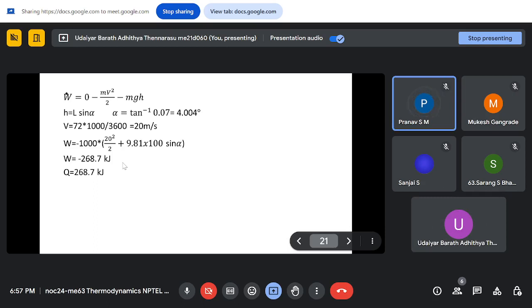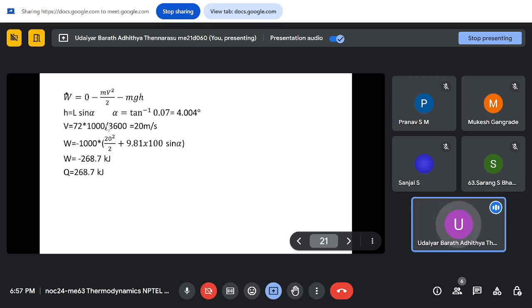Sorry, it's not clear. Can you repeat again? How did we get the velocity as 72 into 1000 by 3600? So this is 72 kilometers per hour, and you're converting kilometers to meters per second. 1 kilometer is 1000 meters, right?